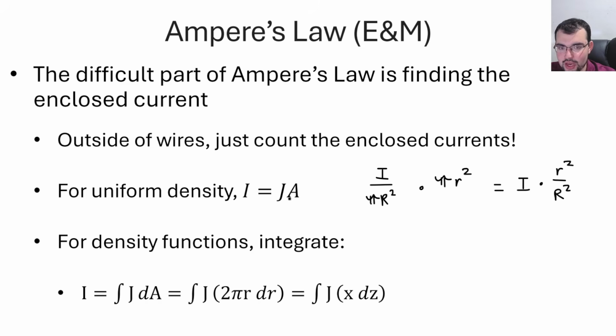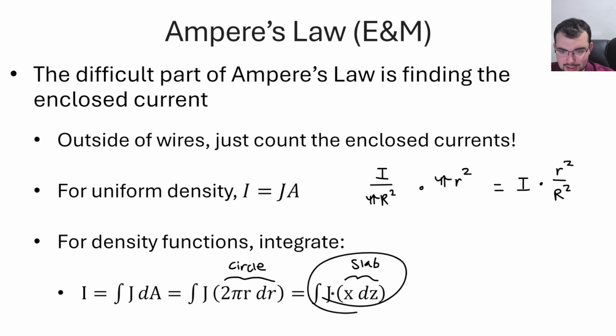And then if you have a J of r function, you have to actually integrate, where if you have a circular cross-section, you'd have 2 pi r dr as your area element, and if you have some sort of slab, you'd have x dz. I don't really expect to see a slab, though. So again, the area of a circle is pi r squared.